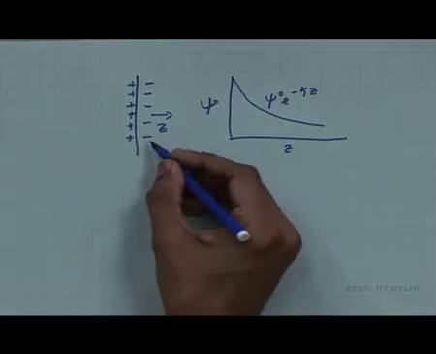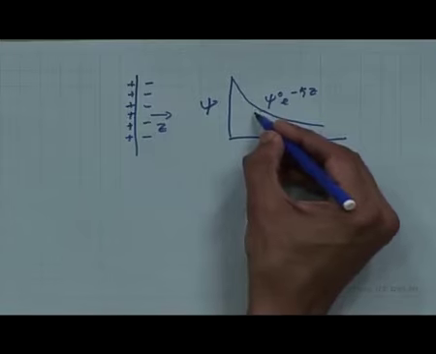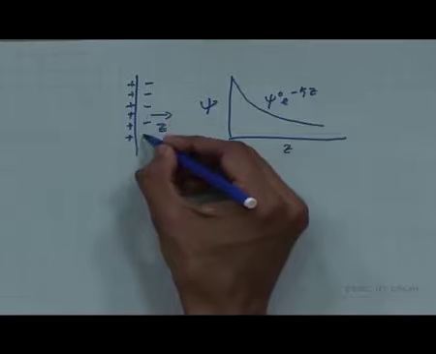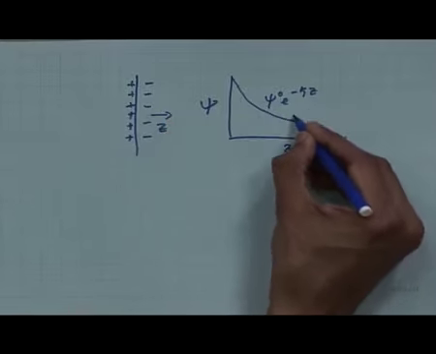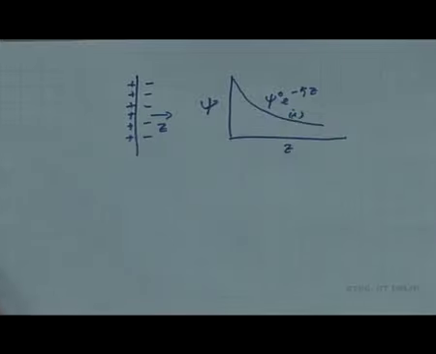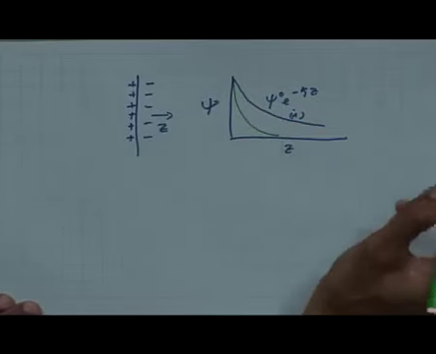Now, if you add an electrolyte here, the potential variation is going to be different. As you increase the concentration of the electrolyte, this is going to fall off faster.